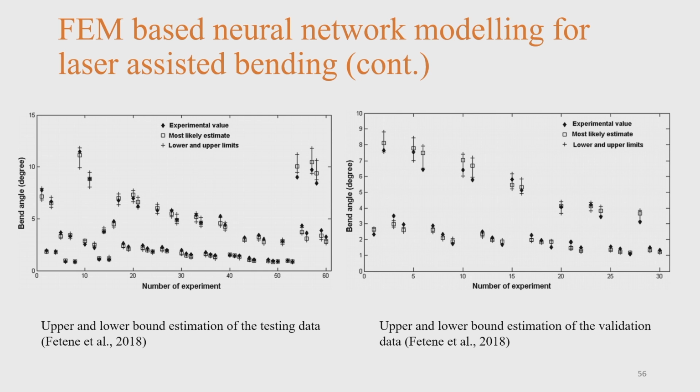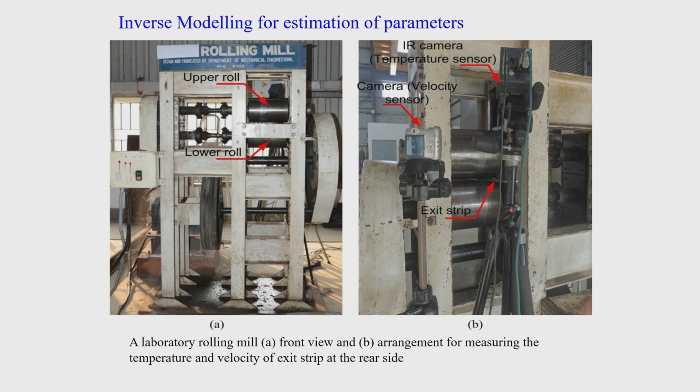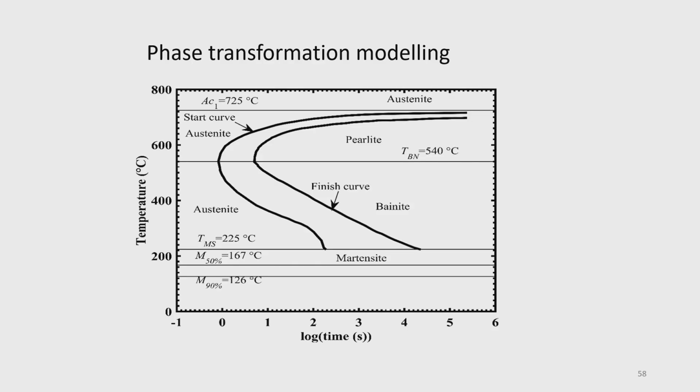That gives us a more realistic viewpoint. You cannot just say that it is one value. Maybe you are more confident about the middle value, but you also have to mention what the range can be. And then inverse modeling, of course, takes that we put in sensors, and from the sensors we take the data, and based on that we can predict the input parameters.